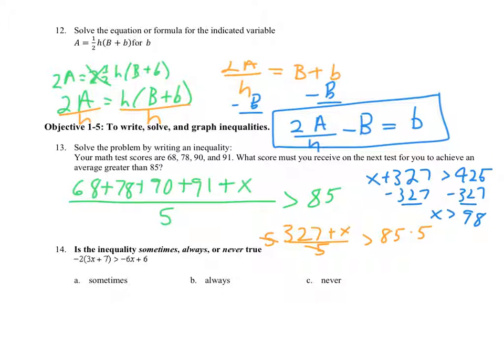Not the best answer there. Maybe we'll say over the 98. So 98 would not get the job done, so you'd have to have over 98.